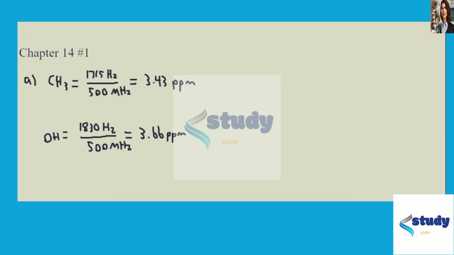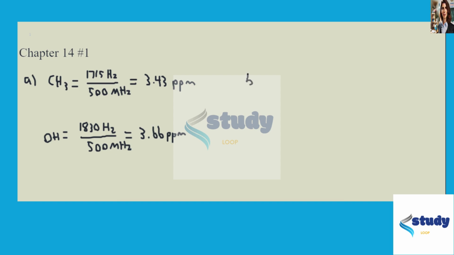For part B, we're asked whether the methyl protons are upfield or downfield of the alcohol proton. Remember, NMRs are generally read from right to left. The 0 is to the right, and the numbers go up as you move to the left.